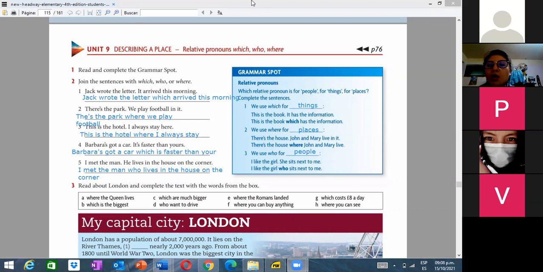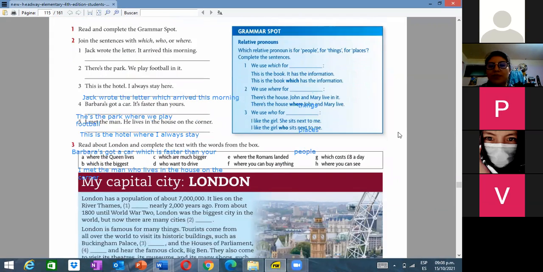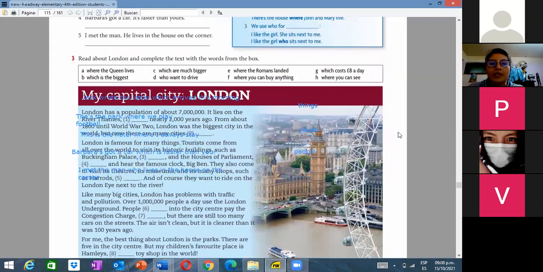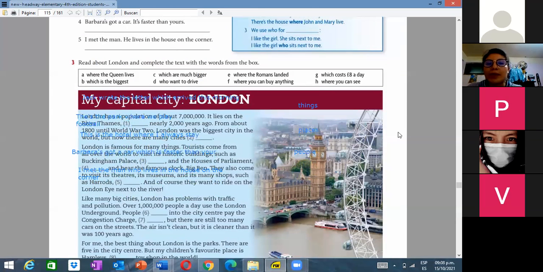Now, we have a homework, students. We have to check now. Exercise number 3. Read about London and complete the text with the words from the box. Here you have class, right? Maybe this is an exercise, yes.